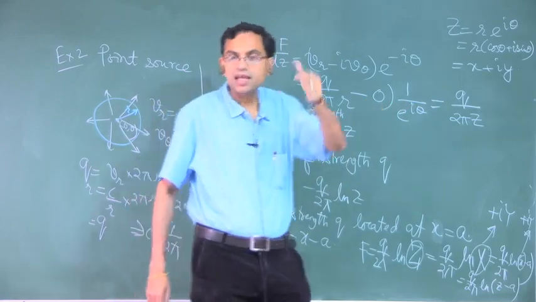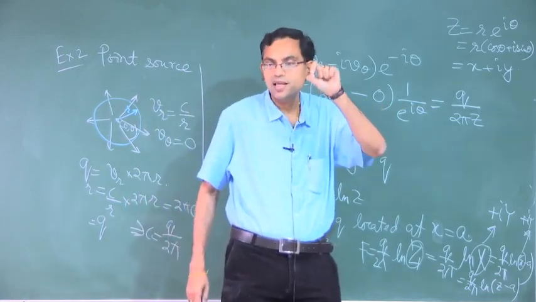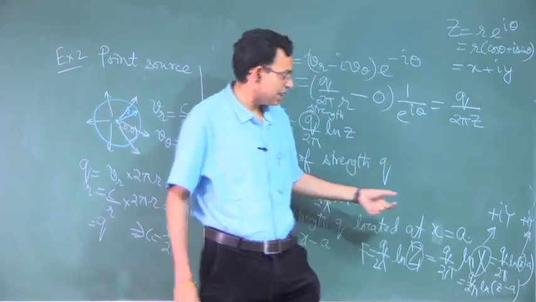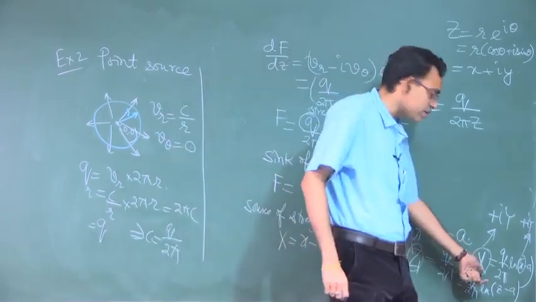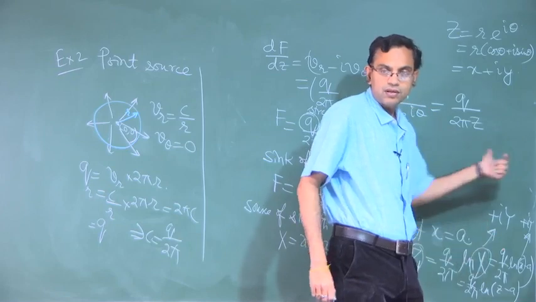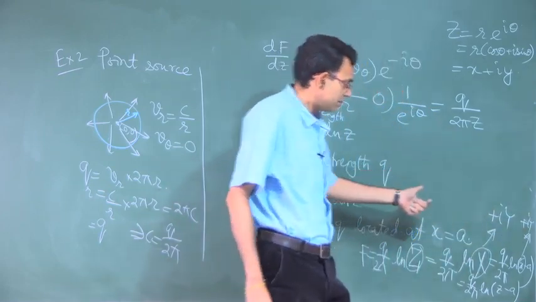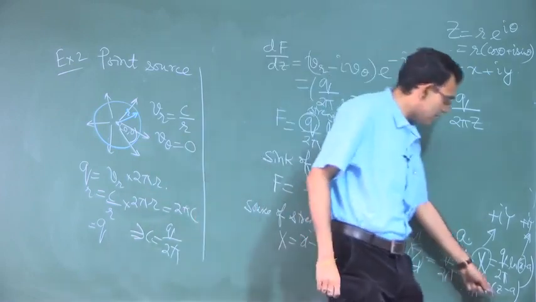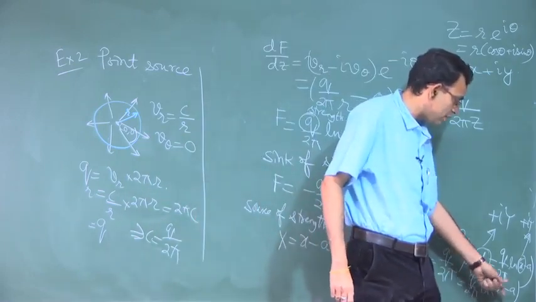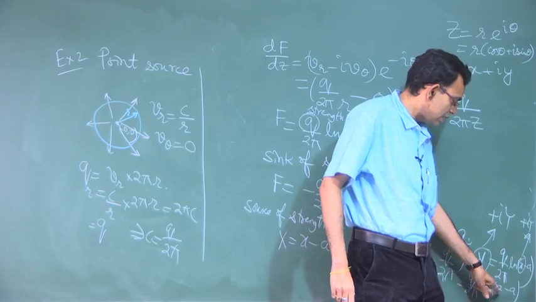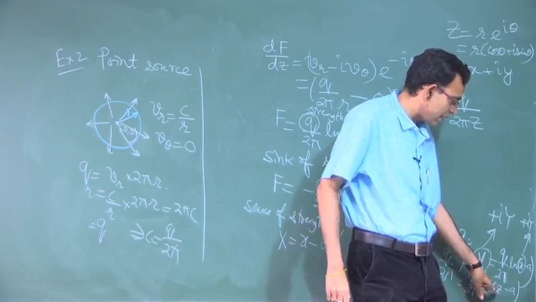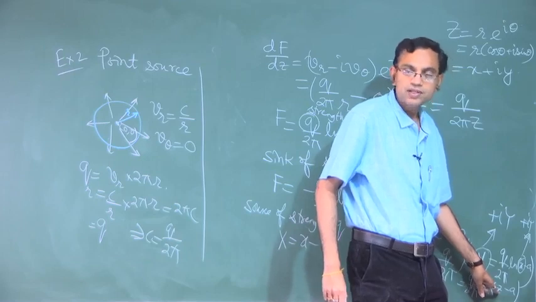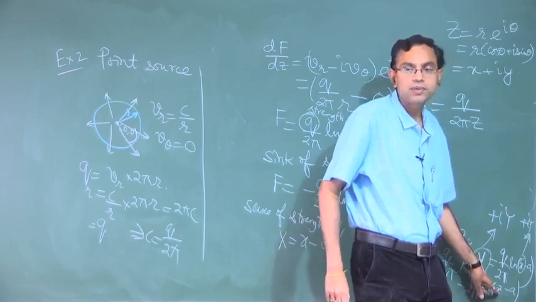So, the special case where the source is lying on x axis or y axis, the special cases are treatable by reducing it to either x or iy. So, if it is located along x axis, this z will be simply x. If it is located on y axis, it will be simply iy.